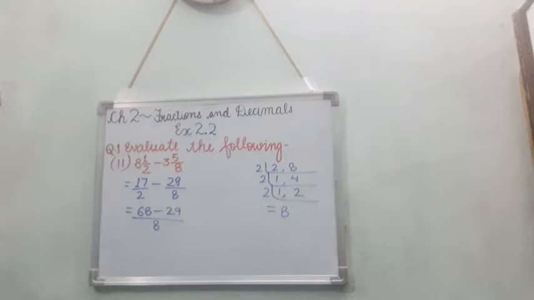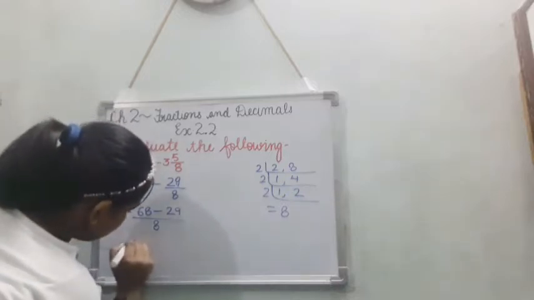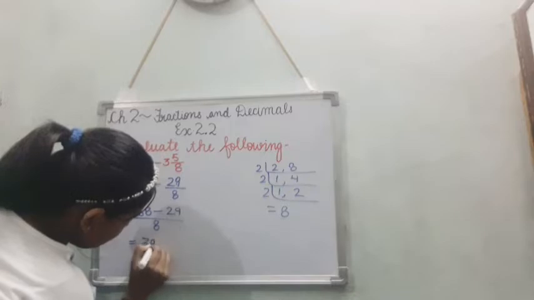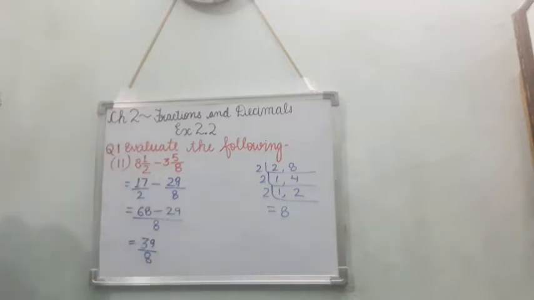So now when we subtract 29 from 68, we get 39/8. Okay, so this is an improper fraction. Because of this we can't leave our answer like this. So we need to change it into a mixed fraction.